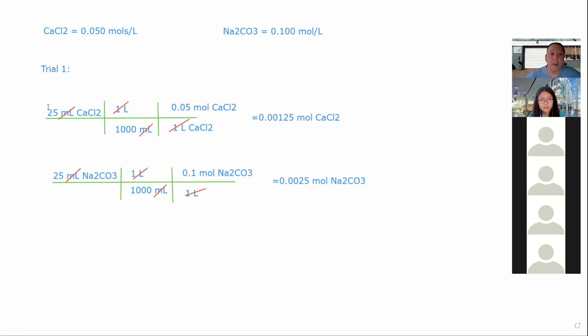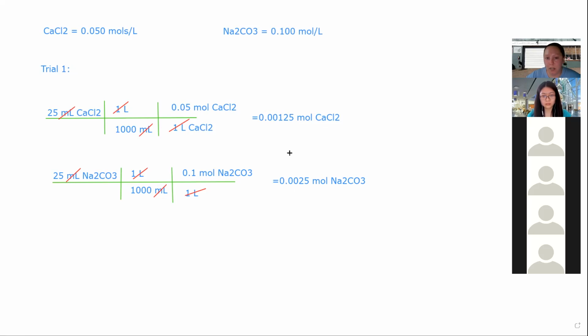So if we start with 25 milliliters of 0.05 molar calcium chloride, we can only have 0.00125 moles of calcium chloride. If we start with the same volume of sodium carbonate, but sodium carbonate's concentration is higher, we are starting with more moles of sodium carbonate. So the limiting reagent is the one that is smaller.